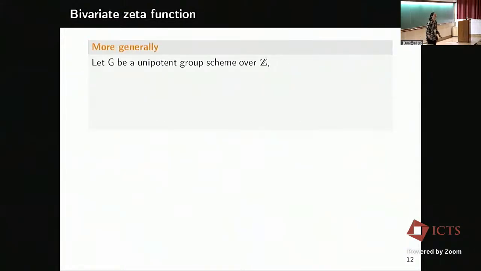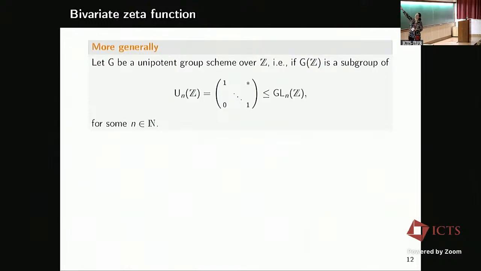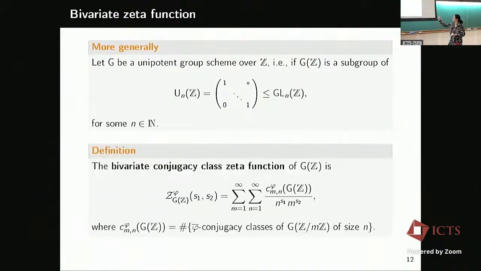Of course, we don't want to define a zeta function just for Z. So the groups we are mostly interested in are unipotent group schemes over Z. You can think of them as subgroups of the upper unitriangular matrices over Z. And then we can define more generally the bivariate zeta function just by taking the sequence c_{n,m}(phi).